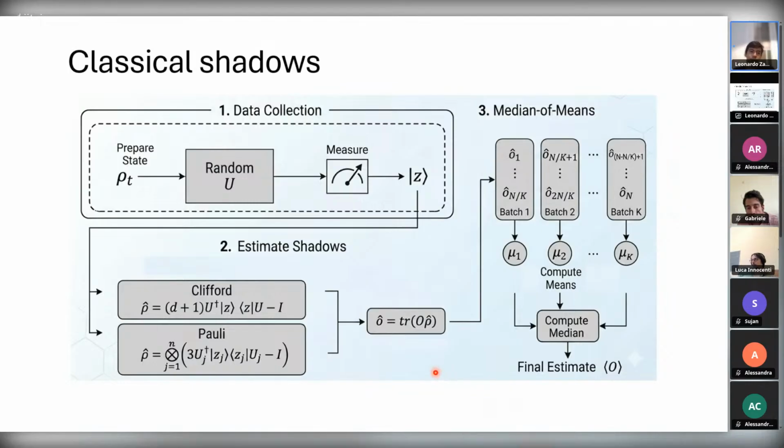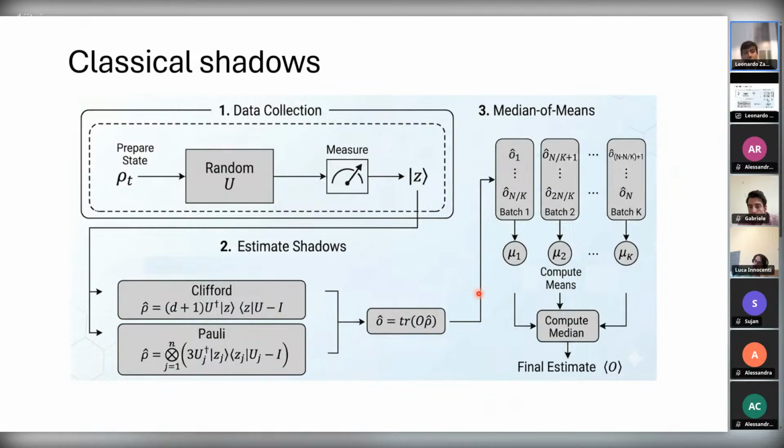But here there is a problem: the single shot estimator is very noisy, because we are using only one shot, and because this quantity has a heavy tail distribution, meaning that it can produce very large outliers. So if we just take a simple average over the n shots, a single outlier could completely destroy our estimation.